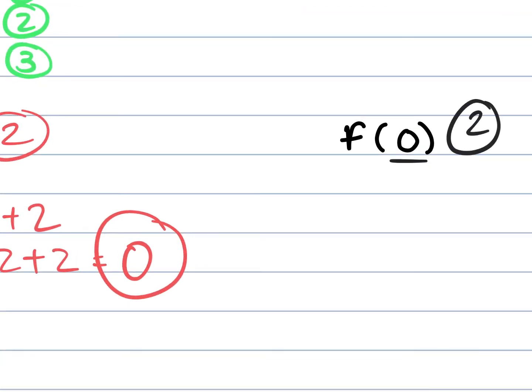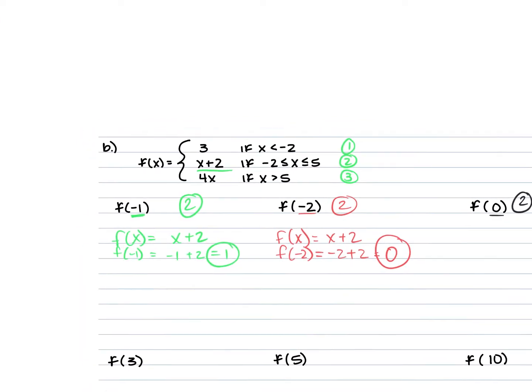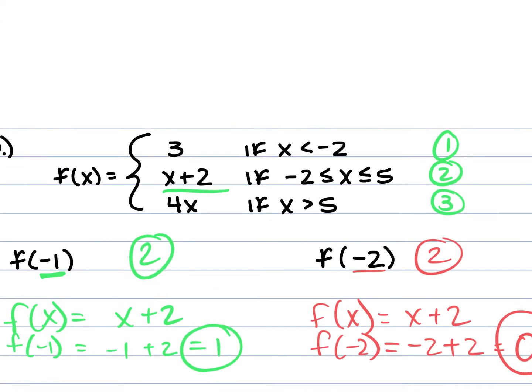Because 0 is not greater than 5. Good. So what Alec is doing, guys, is he's saying, okay, if 0 were put in piece number 1, 0 is not less than negative 2, so don't put it here. It is between negative 2 and 5, so we're going to use piece number 2. And it's not greater than 5, so we're not going to use piece number 3. Okay? So we're going to use piece number 2.